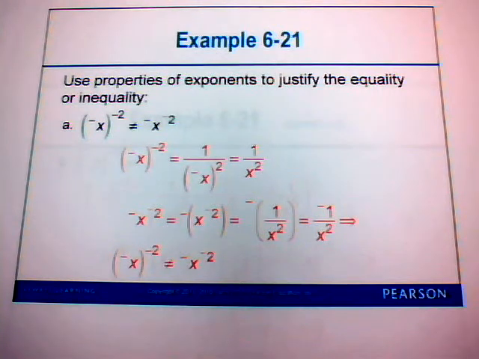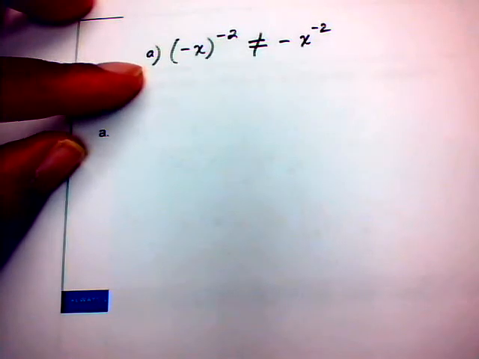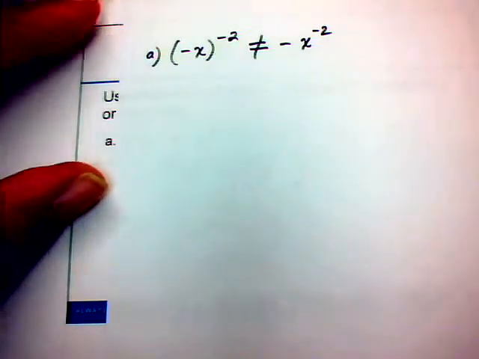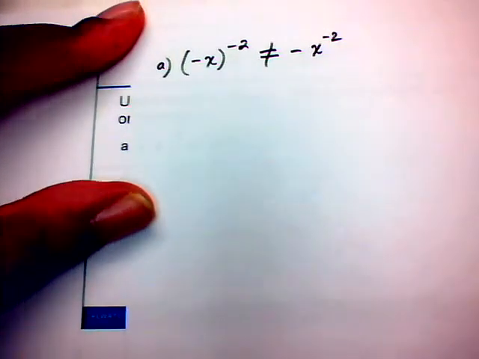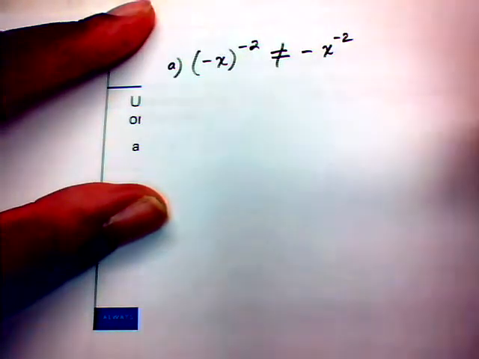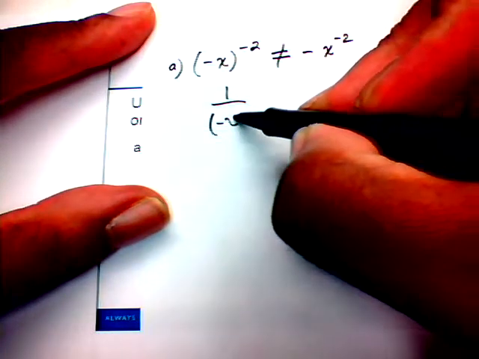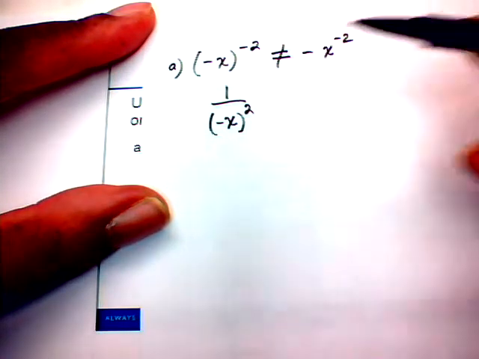Okay? We're going to work both sides of this particular situation here. Let's look at the negative x in parentheses, and it's to the negative 2 power. Another way I can write that is 1 over negative x to the positive 2.